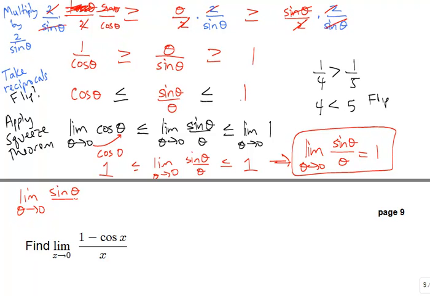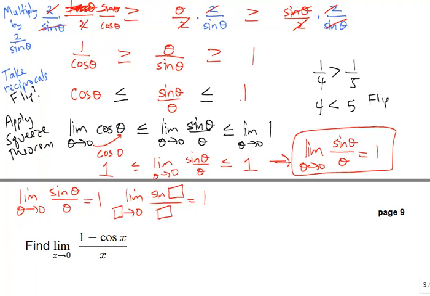I'm also going to generalize it into a slightly different form. This could also be thought of as the limit of sine of box over box as box goes to 0 equals 1. And I'm going to tell you why we might want to think of it that way in a little bit.